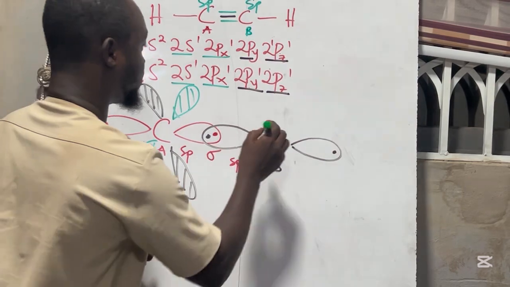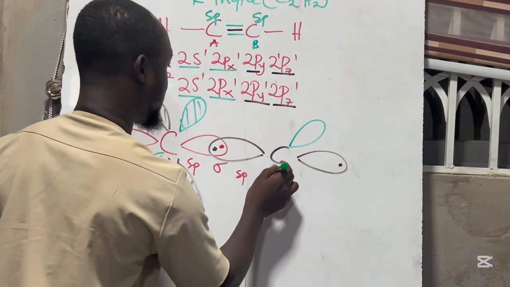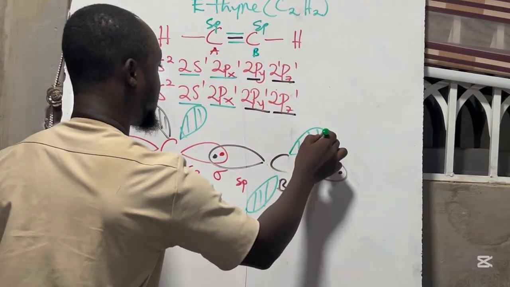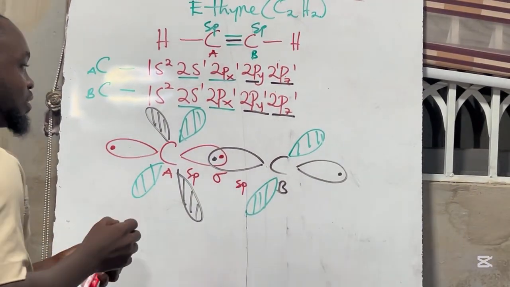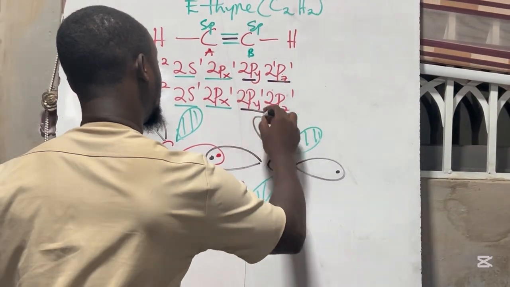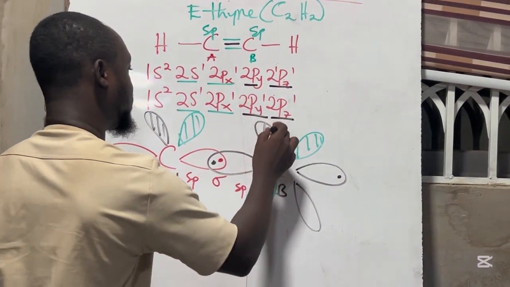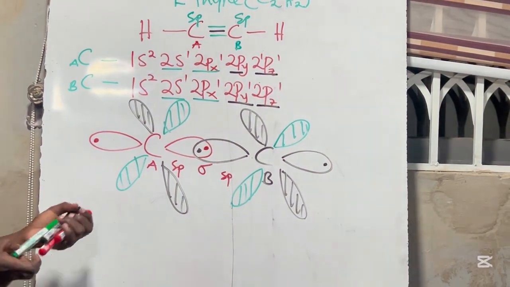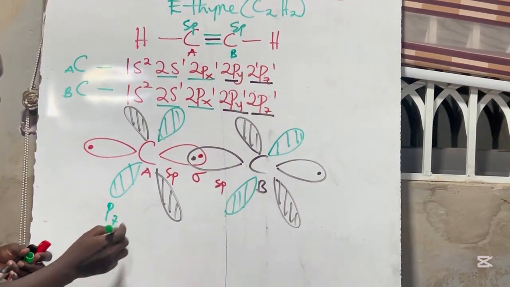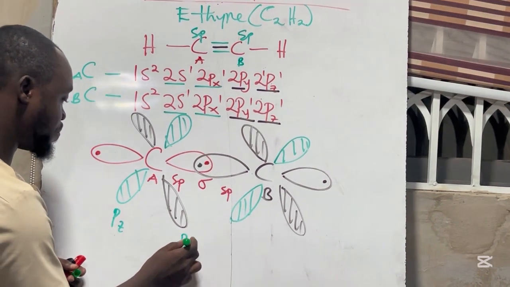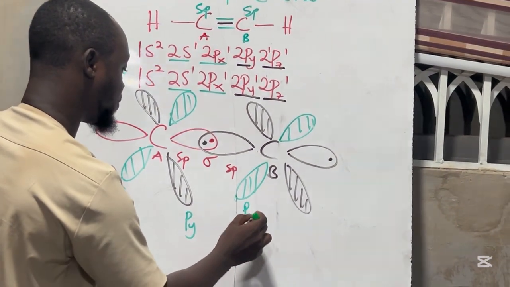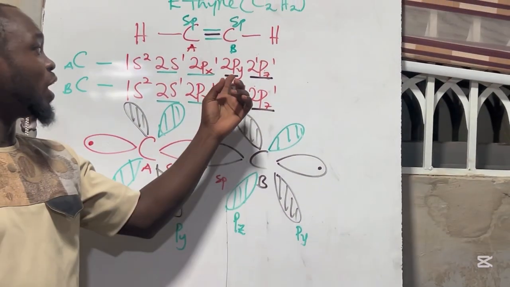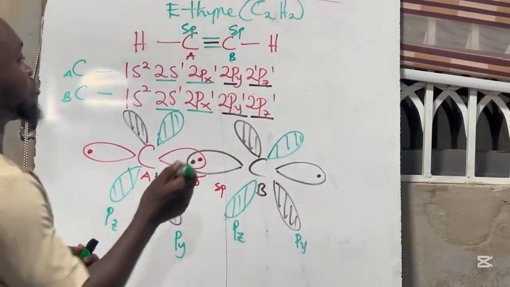And then when I get here, I'm going to illustrate the other one here as well. Is that okay? So this is my pz, and then this is my py. My pz, and this is my py. Don't forget that each py and pz has electrons on it.